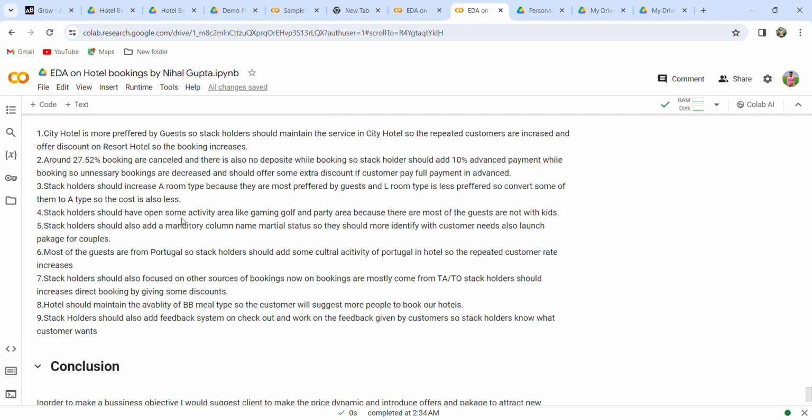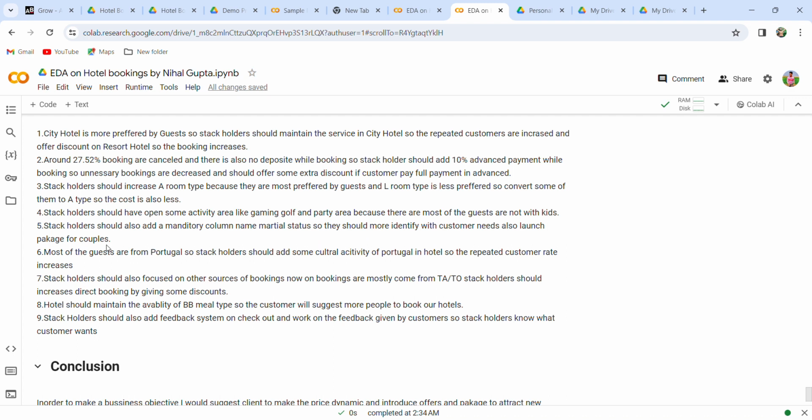Stakeholders should open some activities like gaming, golf, and a party area because most of the guests are not with kids. So this is also a good suggestion so that it can increase the customers. Stakeholders should also add a mandatory column named marital status so that they can better identify customers' needs, and also launch packages for couples.